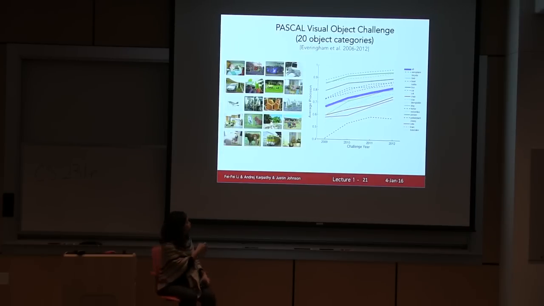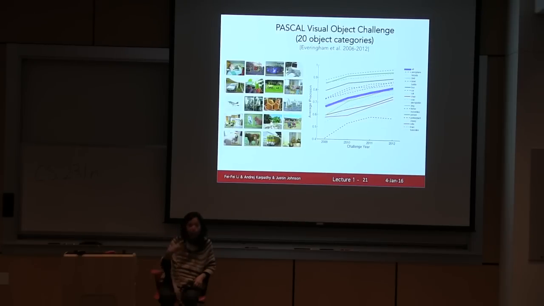Annually, computer vision researchers and labs come to compete on the object recognition task for the Pascal Object Recognition Challenge. Through the years, the performance just keeps increasing. That was when we started to feel excited about the progress of the field.